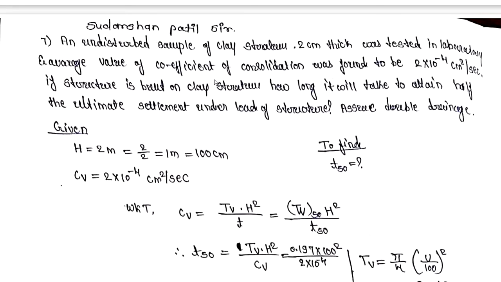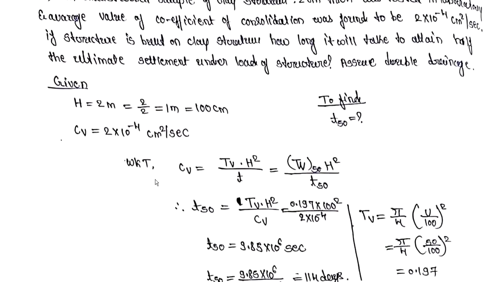And assume double drainage. So h is equal to 2 meter divided by 2. I am dividing by 2 because it is a double drainage condition. So 1 meter, that is equal to 100 centimeter. Cv is equal to 2 into 10 to the power minus 4 centimeter square per second, which they have given. Now we know that Cv is equal to Tv into h square divided by T, so Tv at 50% into h square divided by T50.